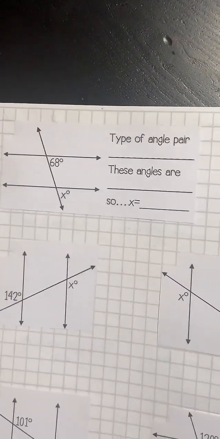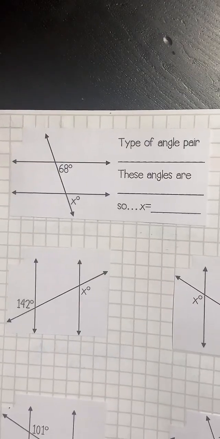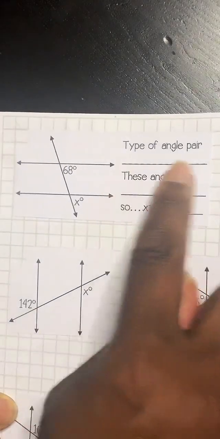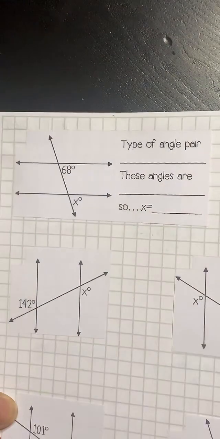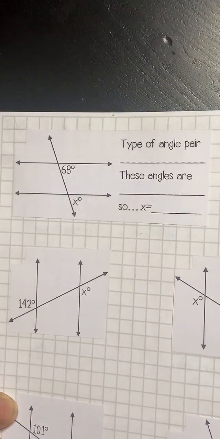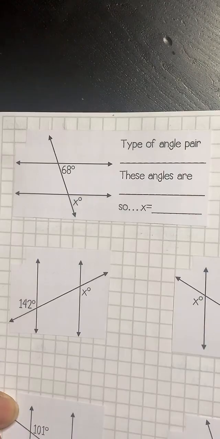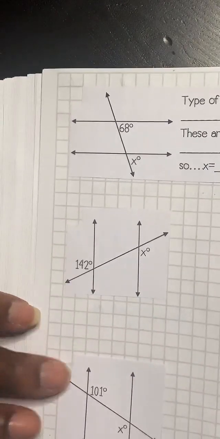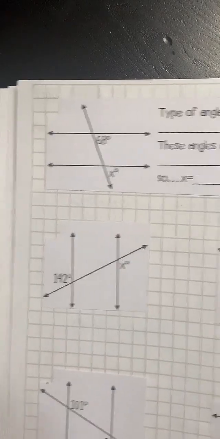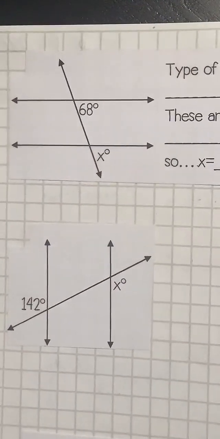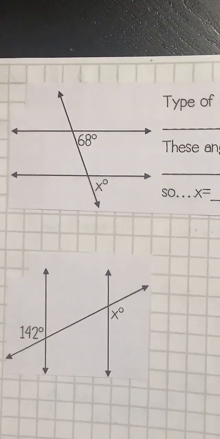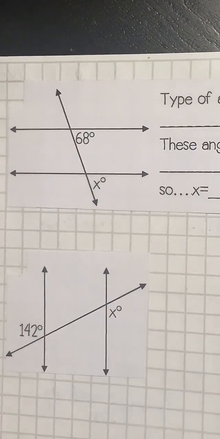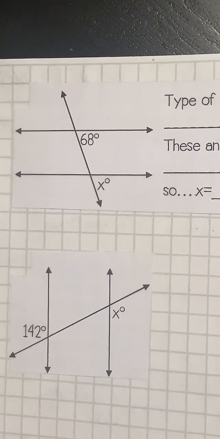We just want to ask ourselves the type of angle it is, and what is our unknown? That's all I'm basically asking.